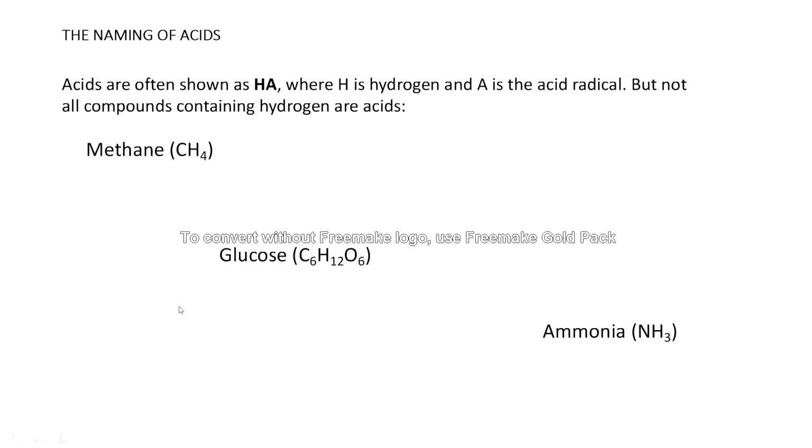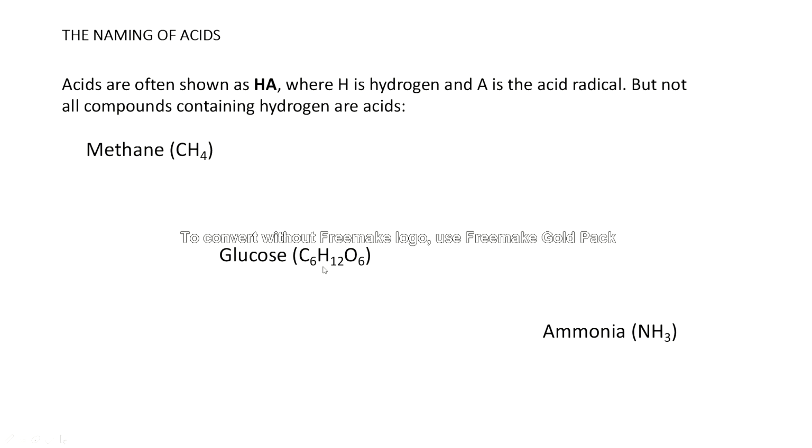Naming acids. Acids are often shown as HA, whereby the H stands for hydrogen and A stands for the acid radical. But not all compounds that contain hydrogen are acids, and I need you to pay attention at that point. For example, methane, glucose, and ammonia contain hydrogen.